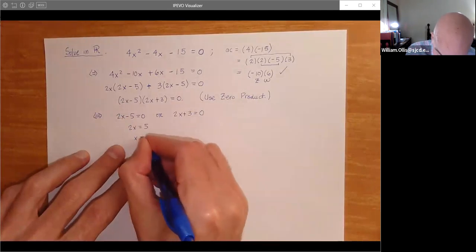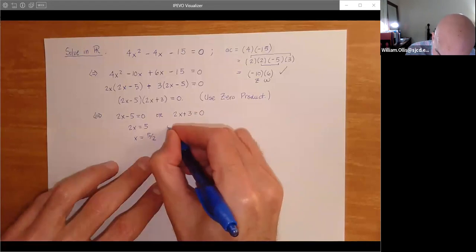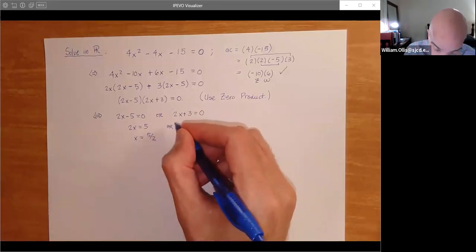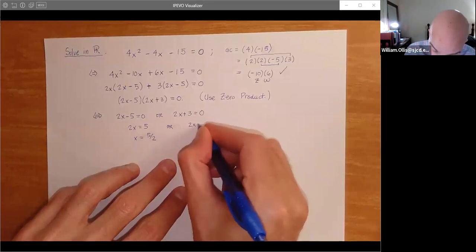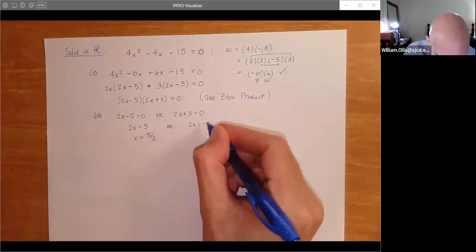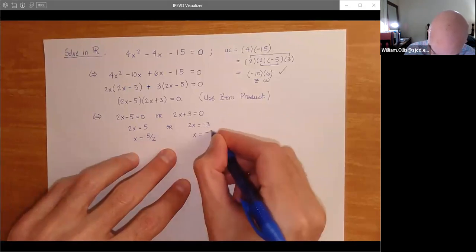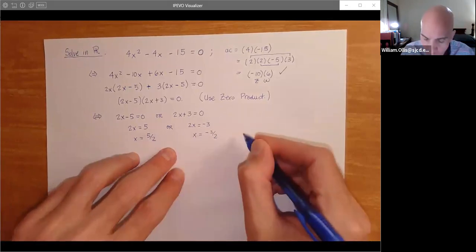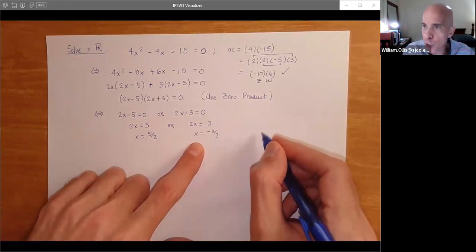So x will equal 5 halves. Or we can transpose the 3, subtract 3 from both sides, 2x equals negative 3, and then divide by 2, x is negative 3 halves.